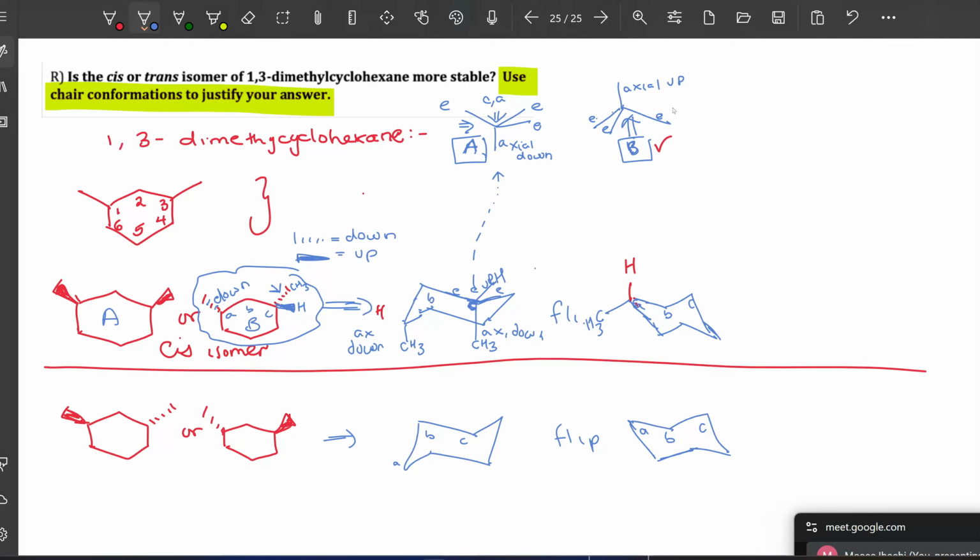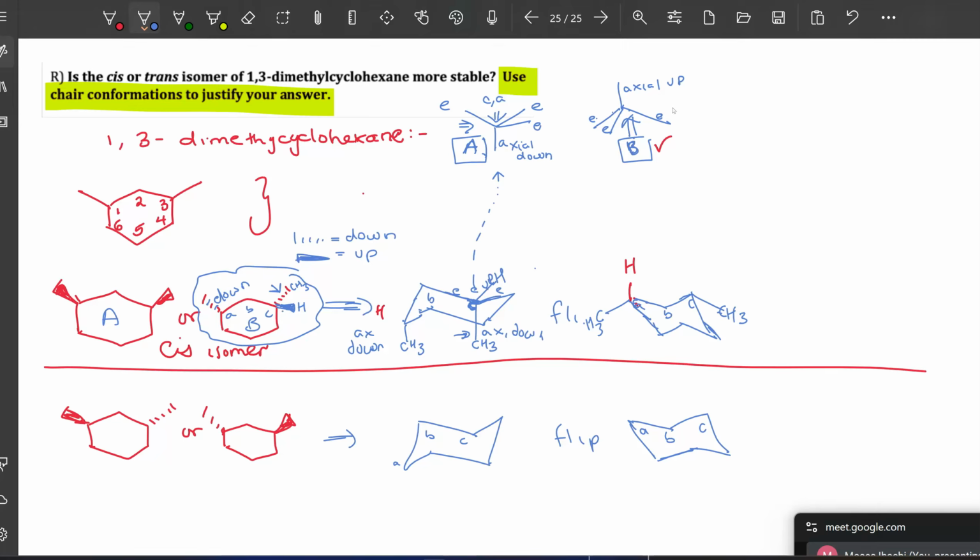Okay, I understand now. Now C is also pointing up. We are looking at case B. There's an equatorial missing here, and that happens to be the methyl group down, because here it's axial down. It goes equatorial down. The hydrogen is up.